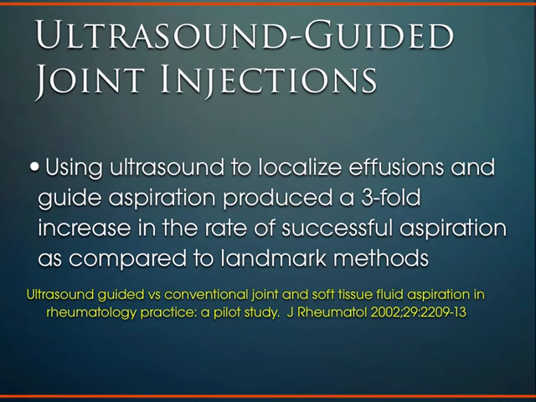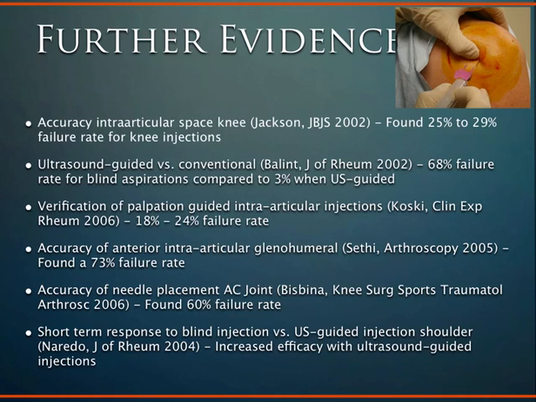And what we'll start to see more of, and what's already in the literature, is that ultrasound guidance versus our traditional surface anatomy or blind injections is much, much more accurate. There's a lot of literature out there, and it's just growing, in terms of not only how inaccurate we are with our blind injections, and some of these numbers are staggering. If we come down to the bottom, there's a 60% failure rate, 73% failure rate.